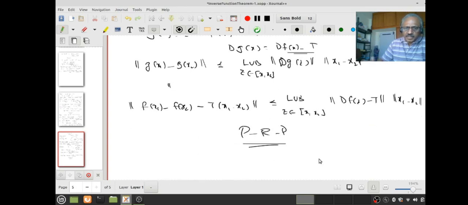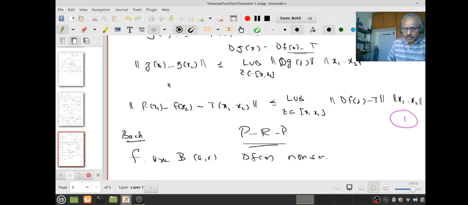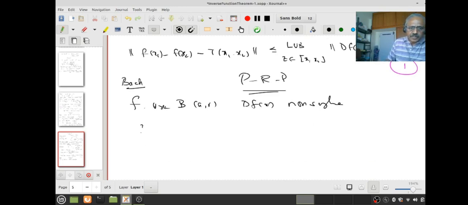You understand? Now we want to apply this inequality to our function f. So we are back to our earlier situation. What did we do? We found an open ball B_A so that for all x here Df(x) is non-singular. We are back to this situation, right? What I want to claim is f is 1-1 on B_A.